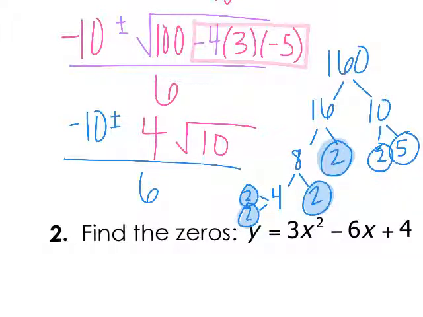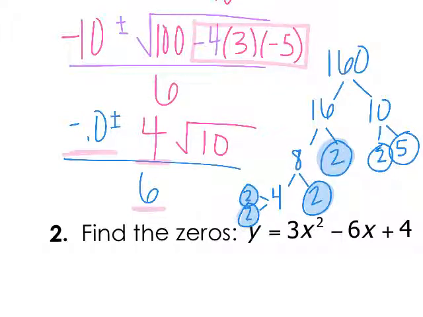Okay, the only other thing I have left to do is simplify my 10, my 4, and my 6. Okay, so see these outside numbers, 10, 4, and 6? Those are all divisible by 2, yes? Yes. So I'm going to go ahead and divide them all by 2.